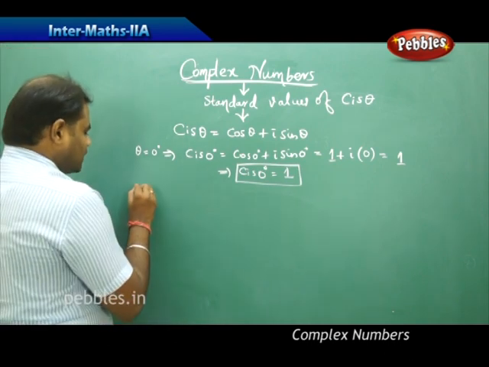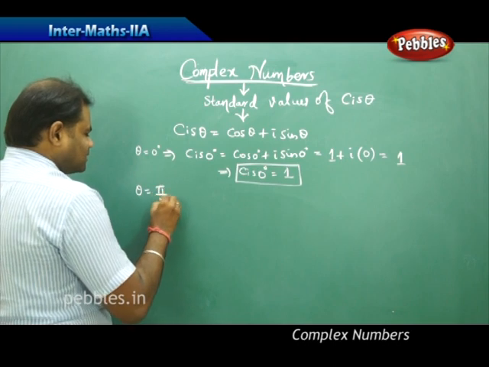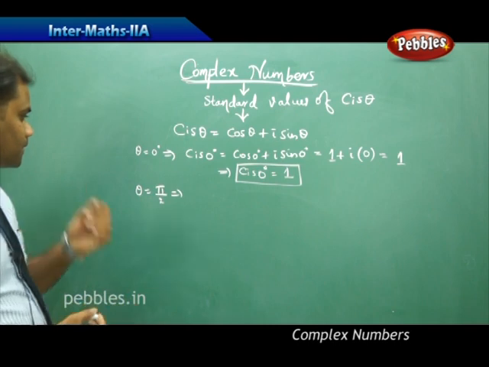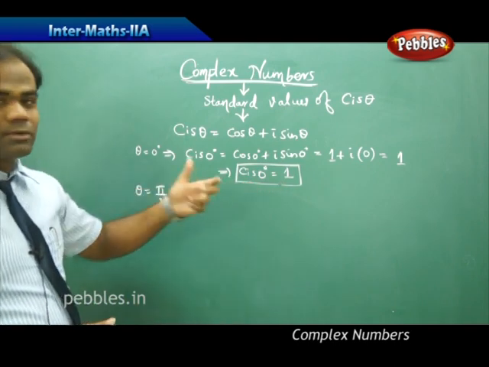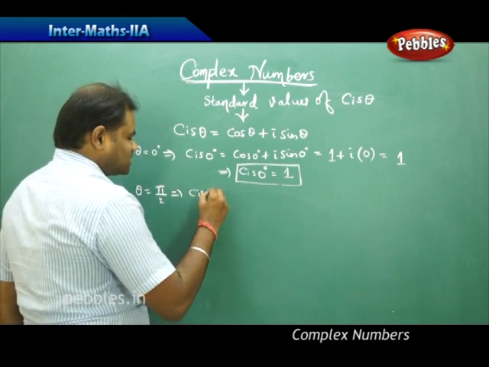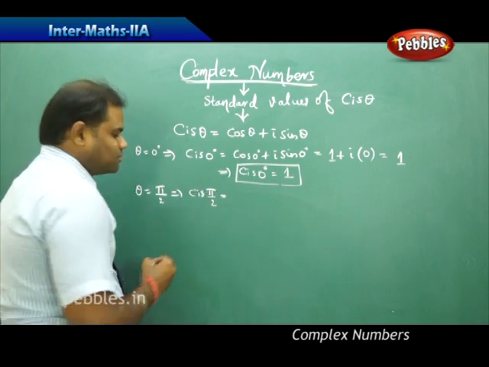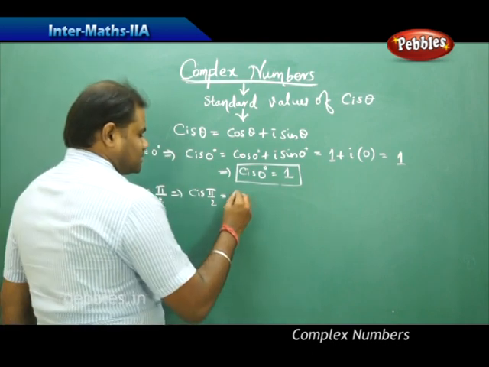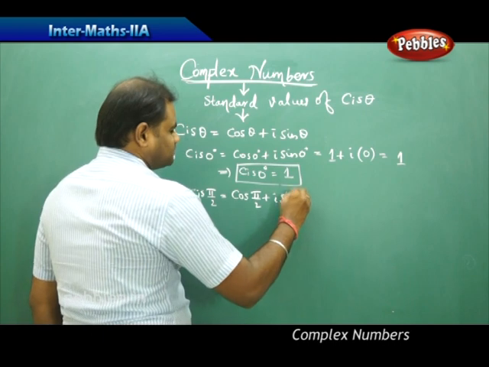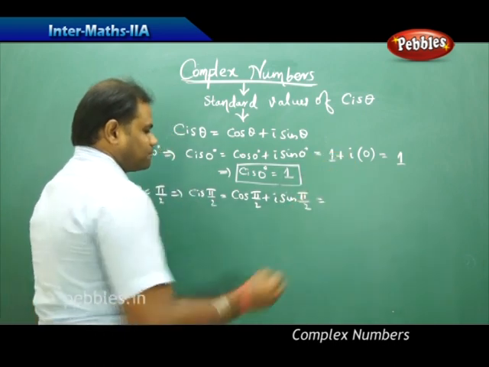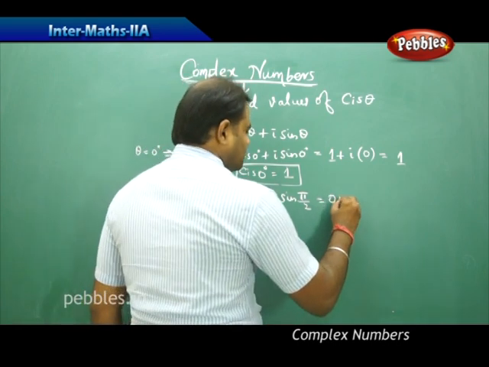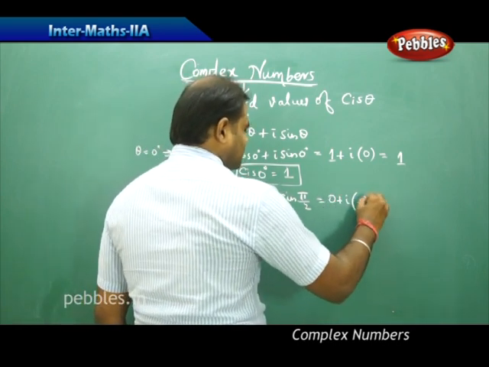Now similarly, when I put theta as 90 degrees, let's see what I would be getting for cis pi by 2. So now that cis 0 is 1, proceeding in a similar manner, when I take theta equal to pi by 2, I get on the right hand side cos pi by 2 plus I sin pi by 2, which is nothing but cos 90, we all know is 0, plus I sin 90, we know is 1.